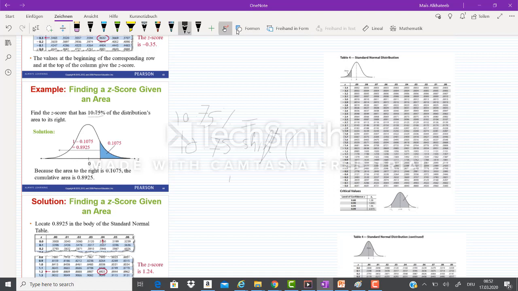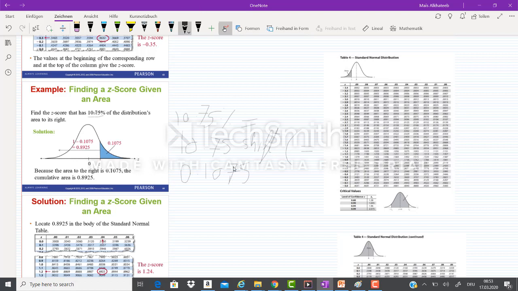Then we press 10.75, shift, and the first parenthesis, and we get the answer, which is 0.1075. This way we calculate this value.